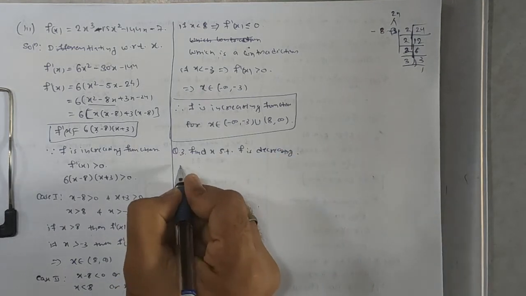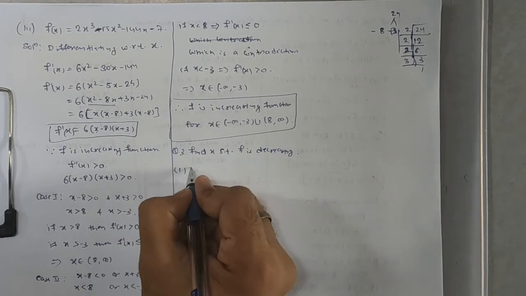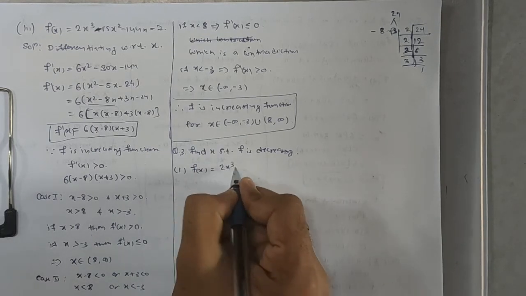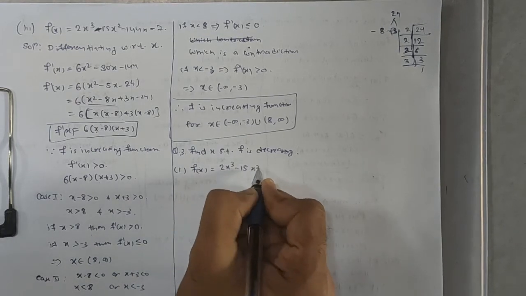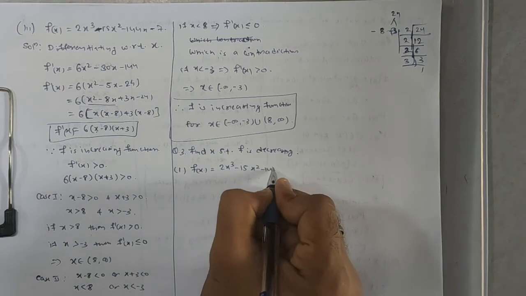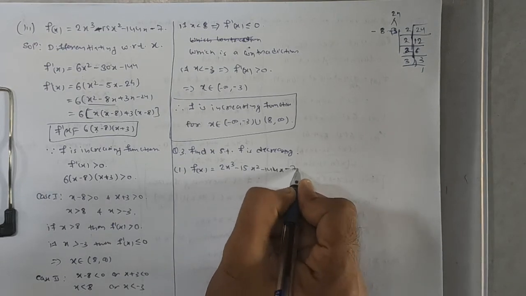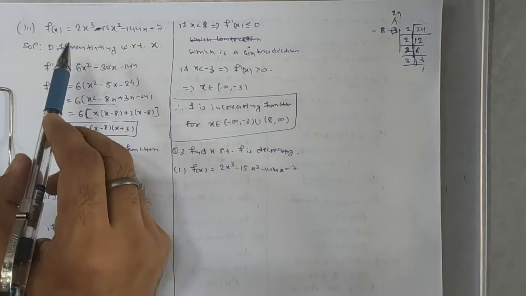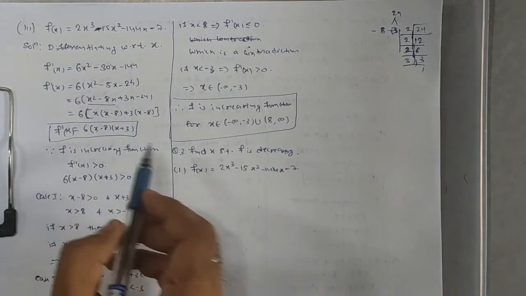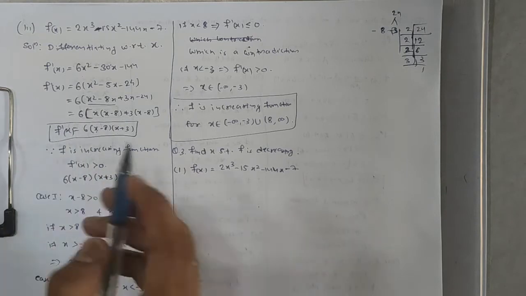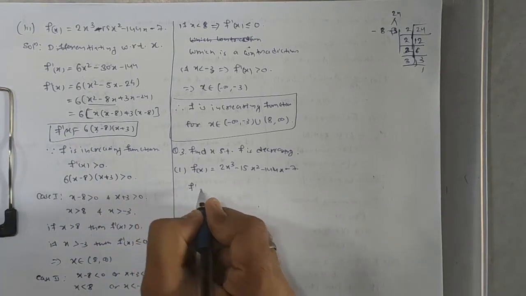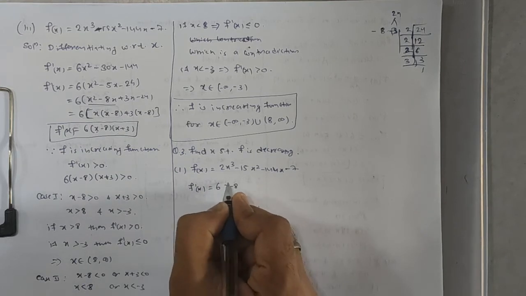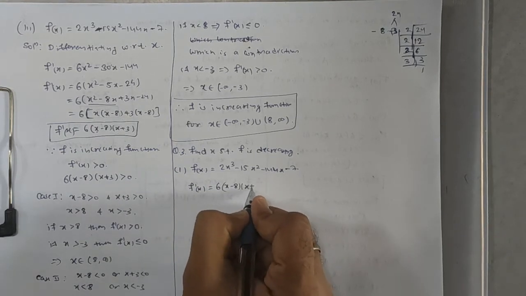So sub question 1, f of x is equal to 2x cube minus 15x square minus 144x minus 7, which is again the same sum, just like question number 2 sub question 3. So we can take its differentiation directly from here. So f dash of x will be 6 into x minus 8 into x plus 3.